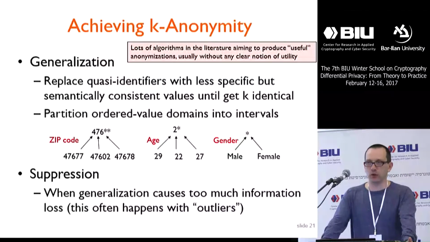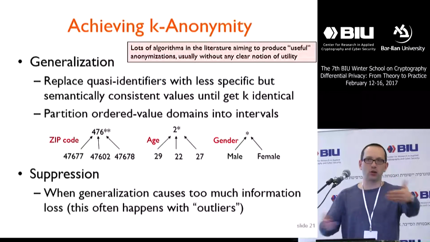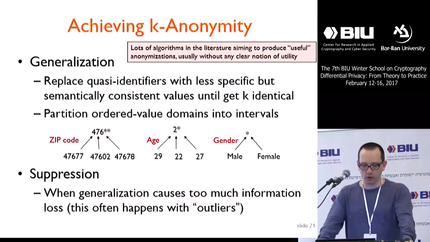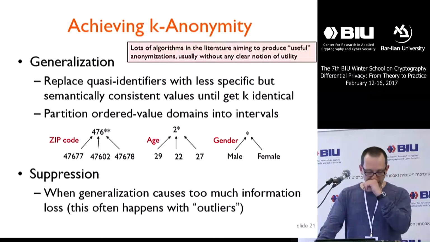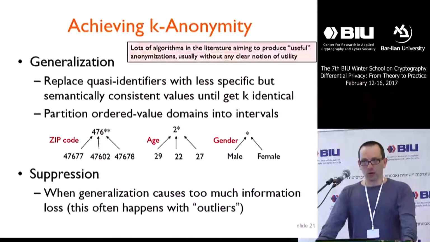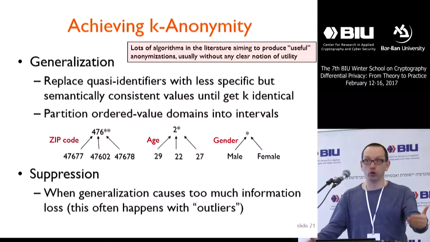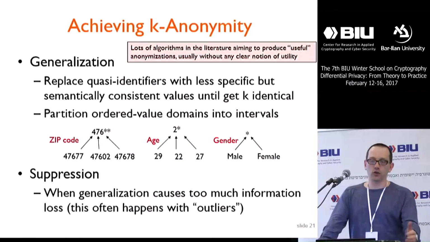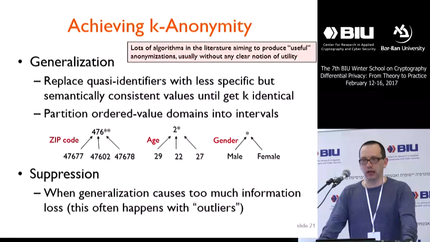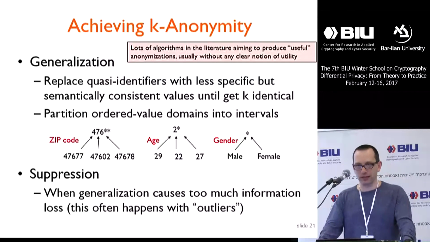Okay, let's keep the first 3 digits of the zip code. Now a bunch of zip codes merge into one equivalence class. If ages are distinct, let's bucketize them, okay? Let's put them into buckets, and now they become less distinct. You can see how that reduces the resolution of the data in the data set. But of course, if you have outliers there, then you're going to lose all information if you generalize. So for outliers, you do an even simpler trick, you suppress, okay?